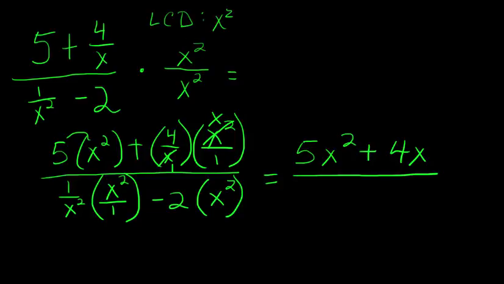So then we come down to the denominator of our complex fraction, and we see that this x squared is going to cancel, leaving 1's in both the numerator and the denominator. So right there we're going to have a 1. Then we come over and multiply the 2 times the x squared and get a minus 2x squared. We have used just a little different method.